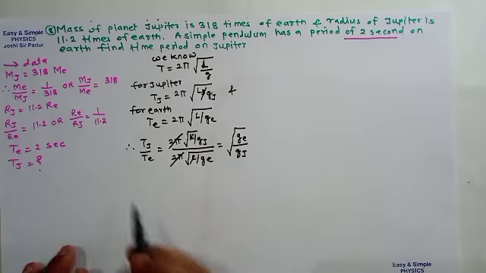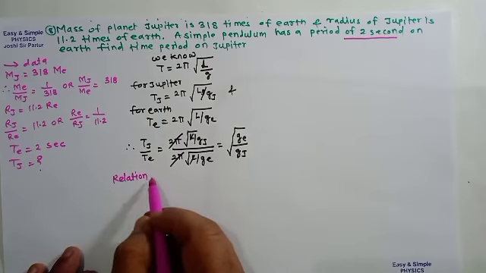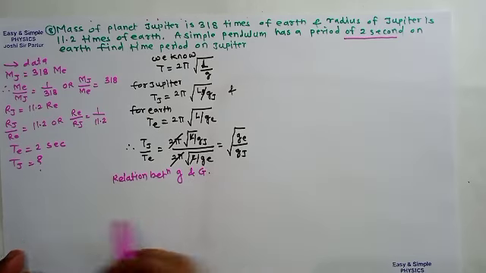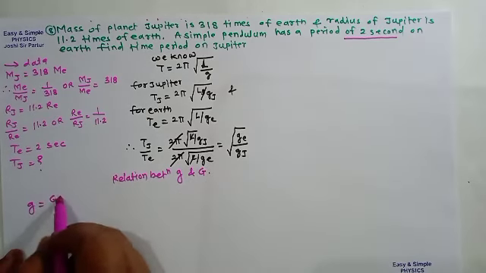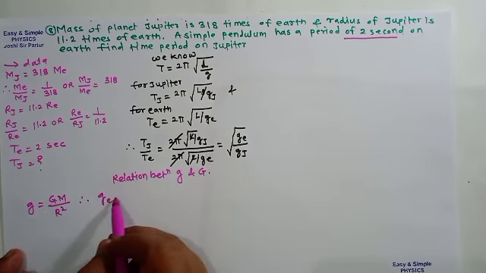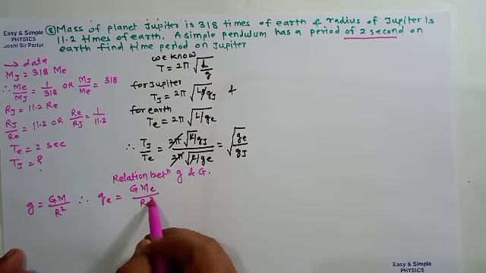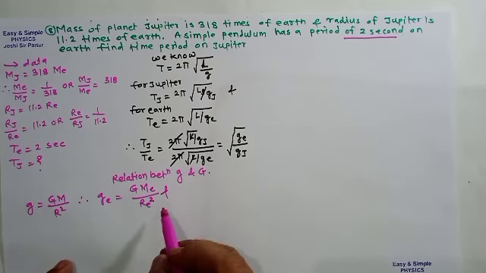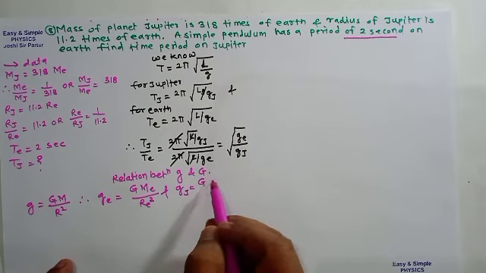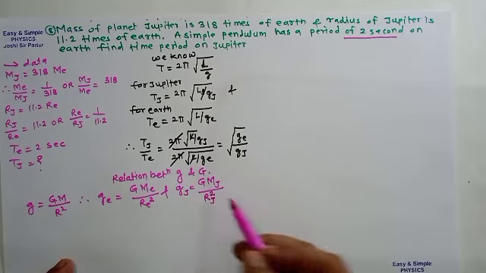We know the relation between small g and capital G. We know small g equal to capital G m upon r square. Therefore, small g Earth is equal to G m Earth upon radius of Earth square, and small g Jupiter is equal to capital G mass of Jupiter upon radius of Jupiter square.